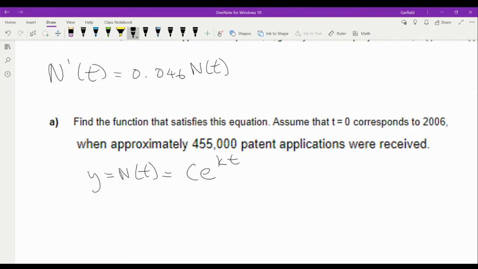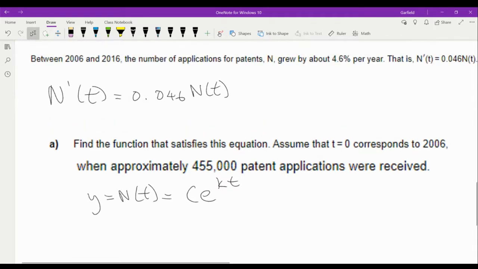So what is our k in this problem? Anyone? T says 0.046, I recall.